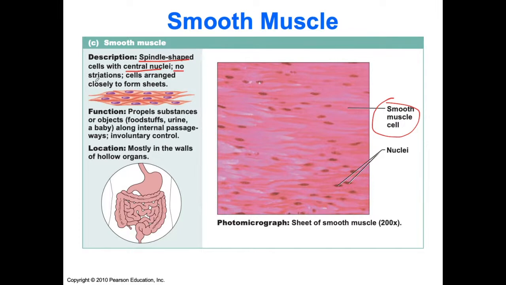There are no striations, and the cells are arranged closely to form tight, interwoven sheaths. They're going to be found in most of your viscera, most of your organs. This shows the small intestine, large intestine, esophagus, stomach. There's going to be smooth muscle around all of these, including your blood vessels. Don't forget, your blood vessels are going to have smooth muscle.